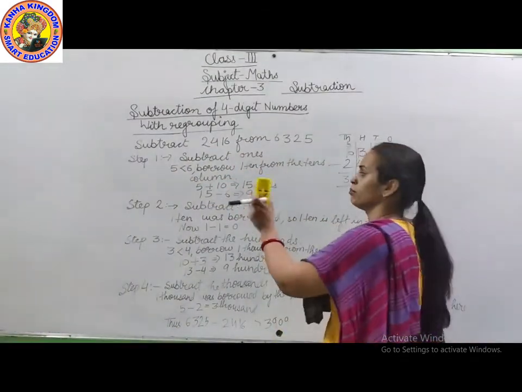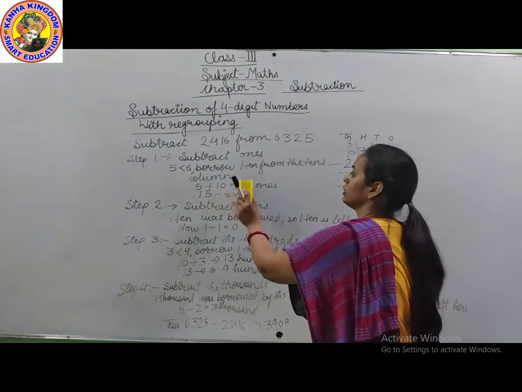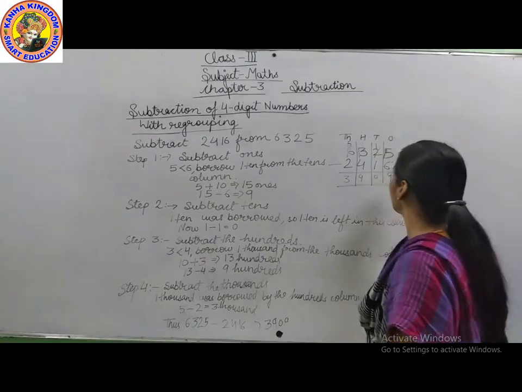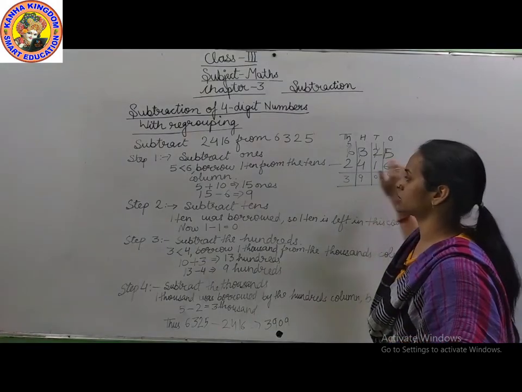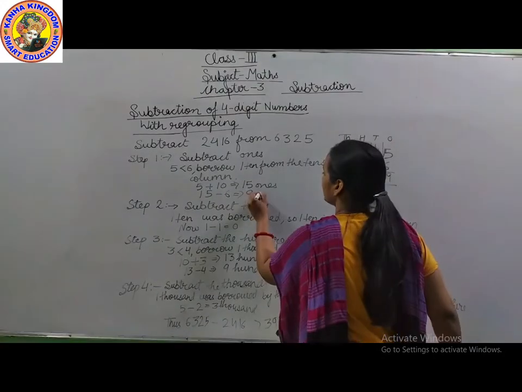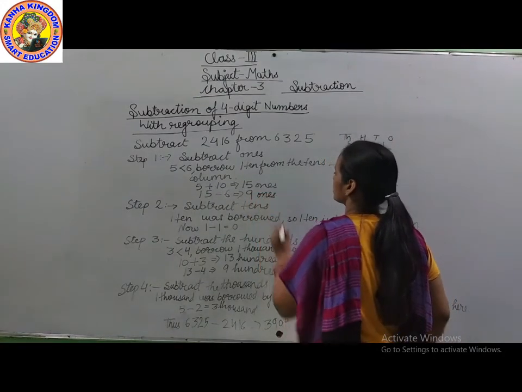So 5 plus 10 equals 15 ones. When 5 borrows 1 ten from the tens column, 5 plus 10 equals 15 ones. Now 15 minus 6 equals 9. So our answer is 9 ones.